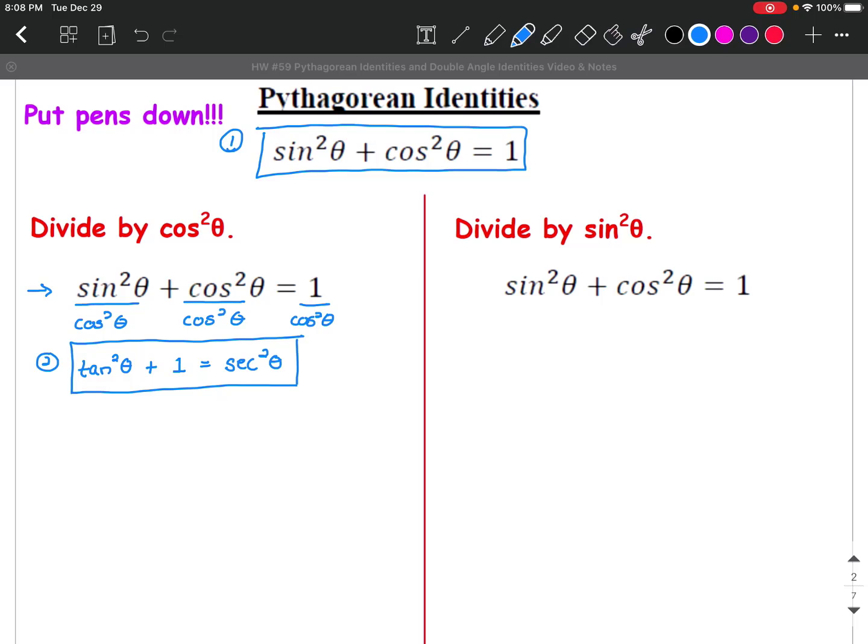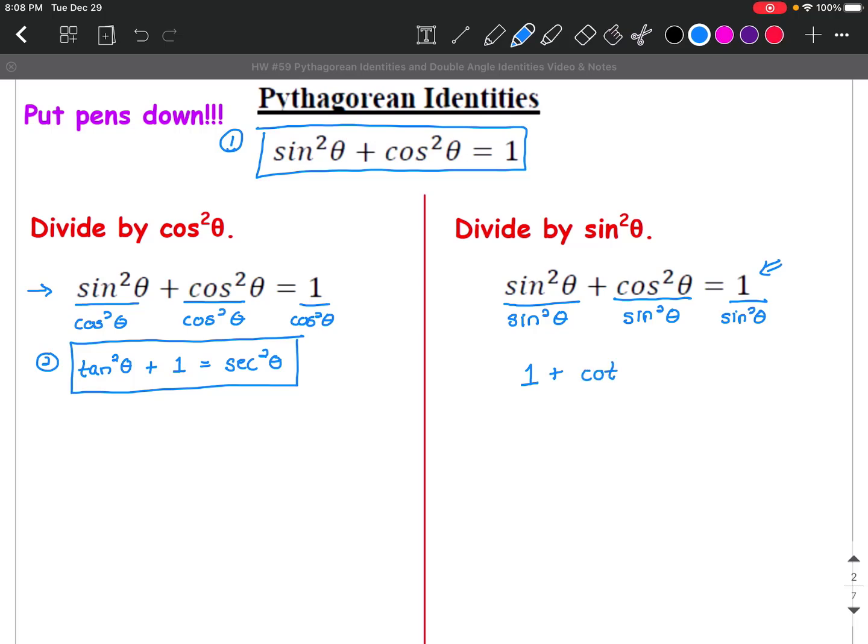Now I'm going to go back to that first identity again, right here. I've rewritten it one more time. Sine squared theta plus cosine squared theta equals 1. Now I'm going to divide everything by sine squared theta. And when I do that, sine squared theta divided by sine squared theta is 1. Cosine divided by sine is cotangent.